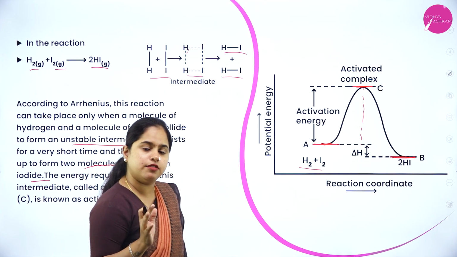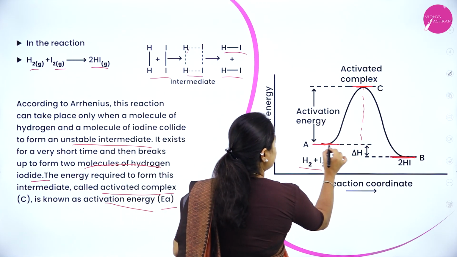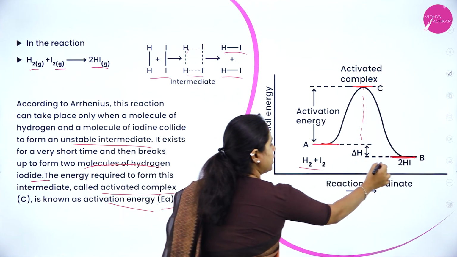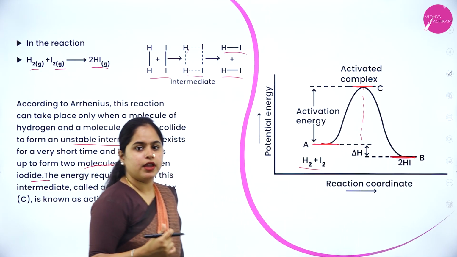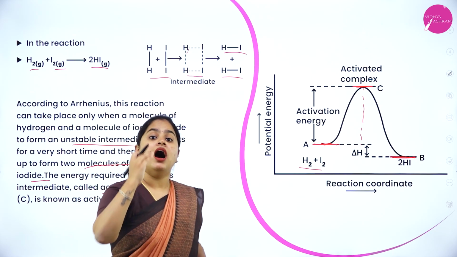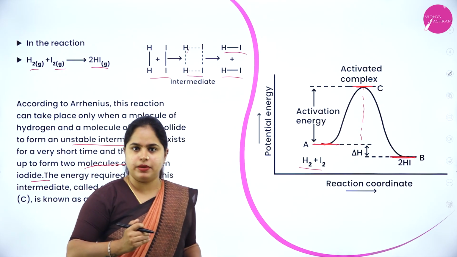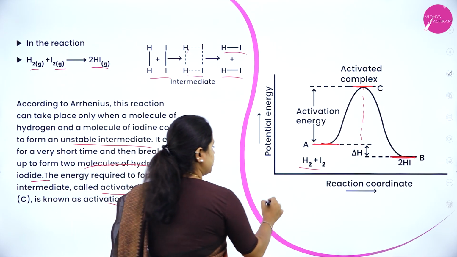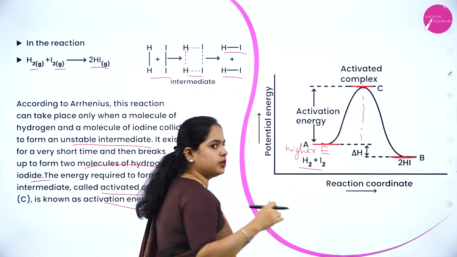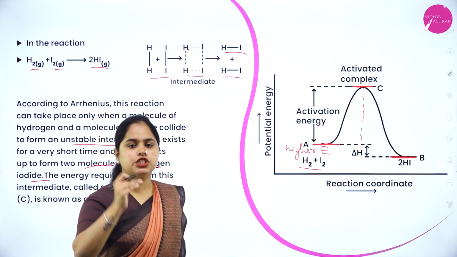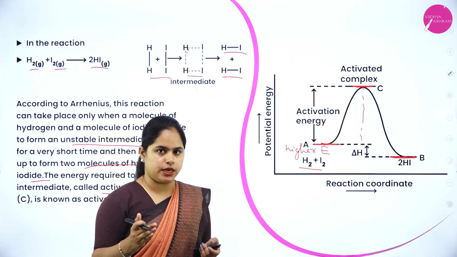Now you can observe one more thing here. The reactants are placed a little above the products in this graph. Why is it like that? The reactants have higher energy and lesser stability. Energy and stability are always inversely proportional.